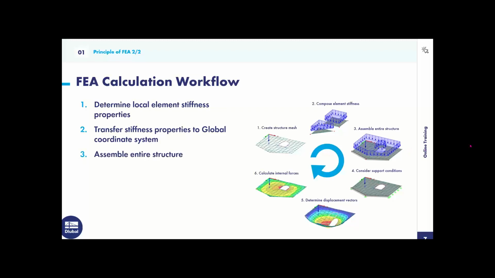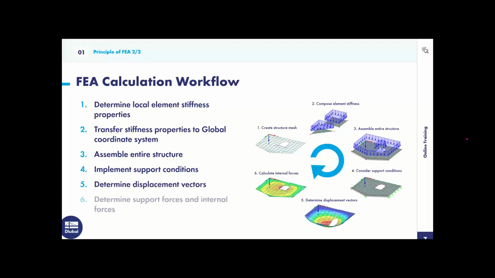Then the entire structure is assembled. Fourth, the support conditions are implemented into the structure. Then the displacement vectors are determined. And lastly, the support forces and internal forces are determined.